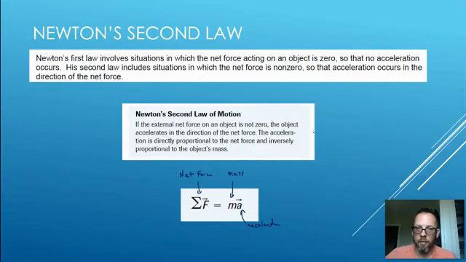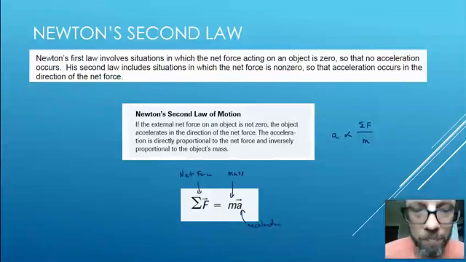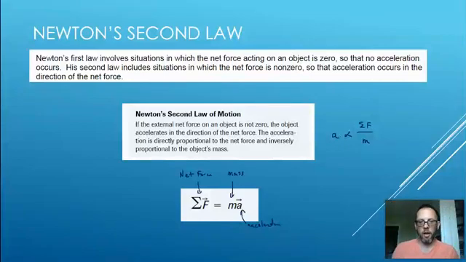Newton's second law, as it's stated here, looks kind of like this: the acceleration is proportional to the net force and inversely proportional to the mass. And if you turn that into an equation and rearrange it, multiplying up the m, you do get sum of forces equals mass times acceleration. That's Newton's second law.